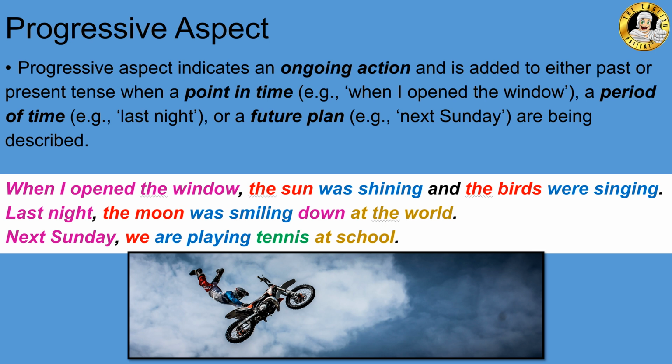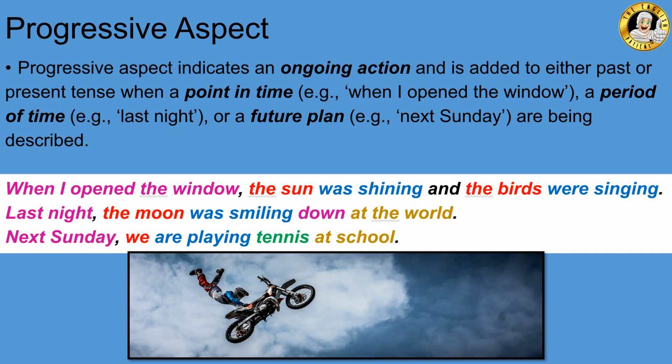So in the examples here, when I opened the window, the sun was shining and the birds were singing. So when I opened the window, this entire expression is actually adverbial. It's telling you the time. And then actually we have another two clauses stuck together with a conjunction, and the sun was shining at that time, and the birds were singing at that time.